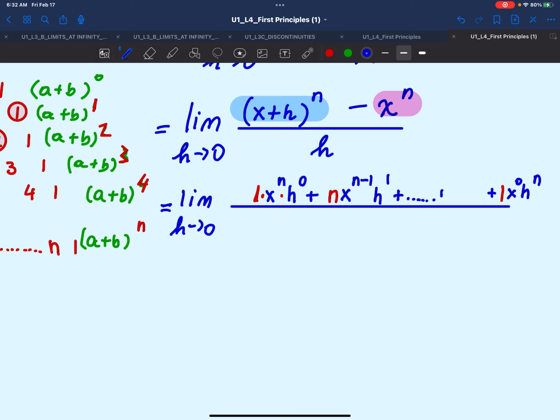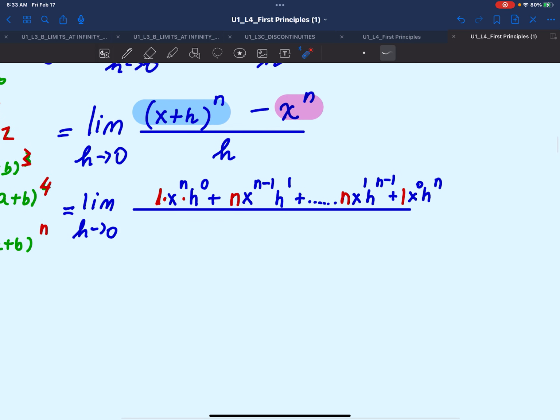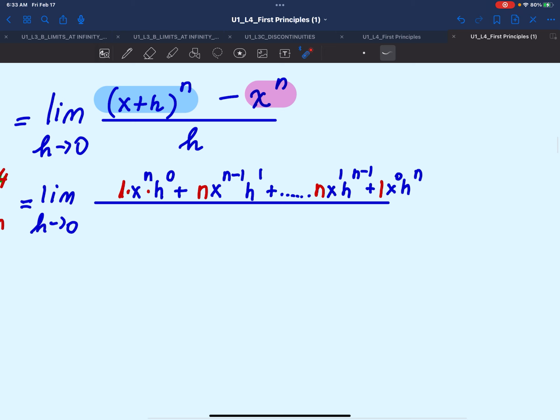So here goes the coefficient n. It's the second last term, which means that x has 1 power, h has 1 power less than in the last term. And this will be enough for us to describe the expanded form of x plus h to the power of n. You can imagine there will be an infinite number of terms in here if n approaches infinity. So we'll continue the fraction here.